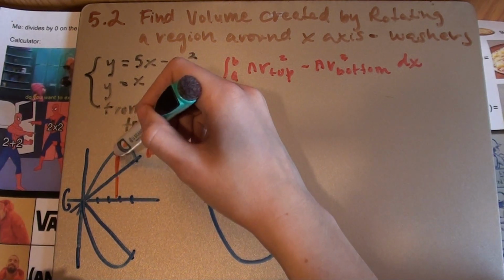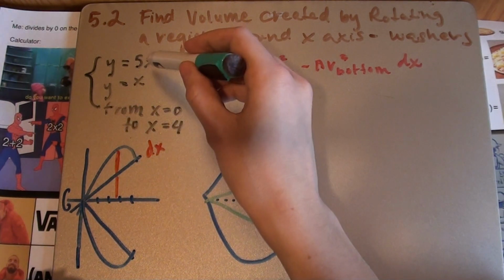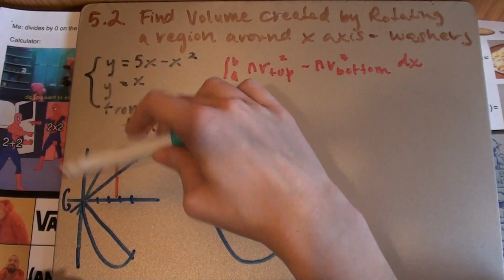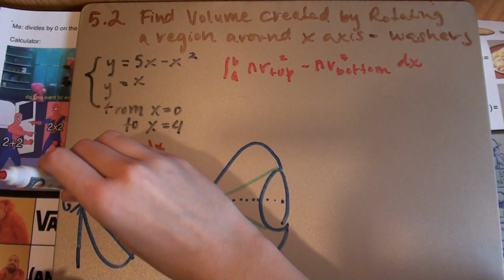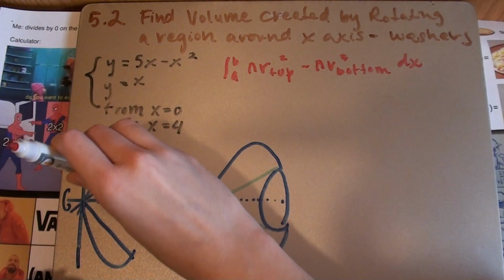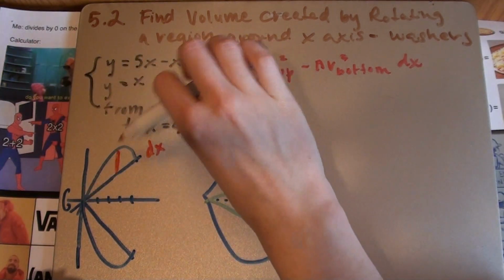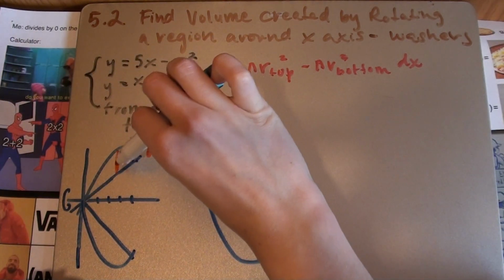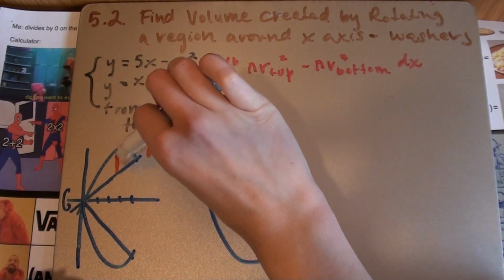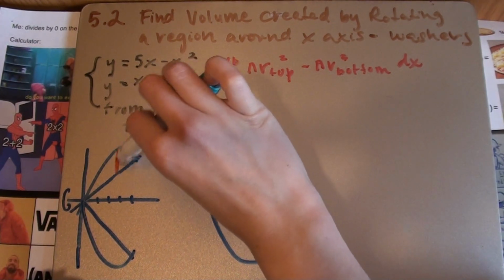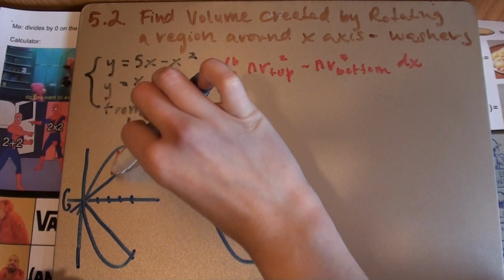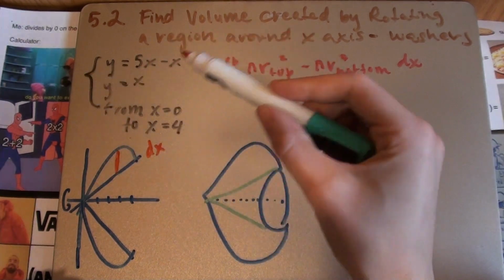So we have this whole rectangle up to the function y equals 5x minus x squared. Now we have to subtract out the length of this rectangle right here up to y equals x to get just the rectangle with width dx that has a length between these two curves.